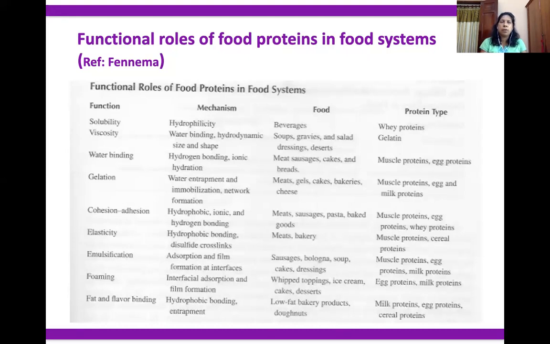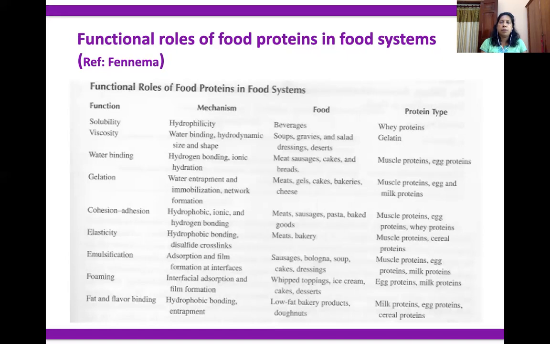If it reduces more water and you keep it in the refrigerator, when you take it out you can see a jelly-like consistency, and you can cut the gravy into pieces. So there is a brittle nature in the gravy. The reason is that the gelatin protein is coming out, and therefore the viscosity increases. So you can see this situation in soup, gravies and salad dressing, and they put gelatin to increase the viscosity of the product.